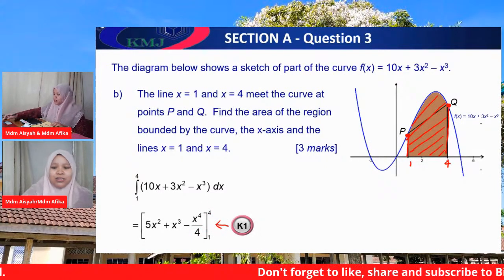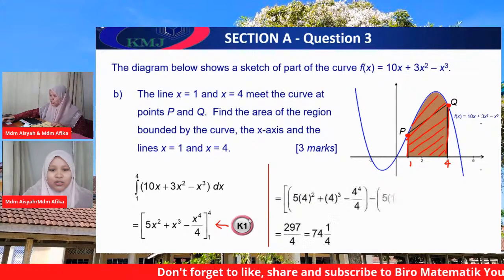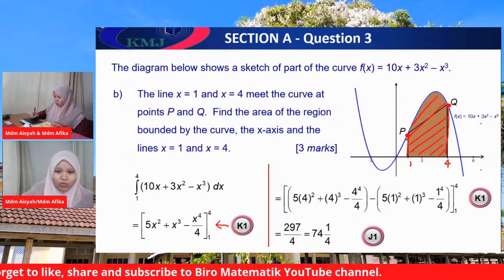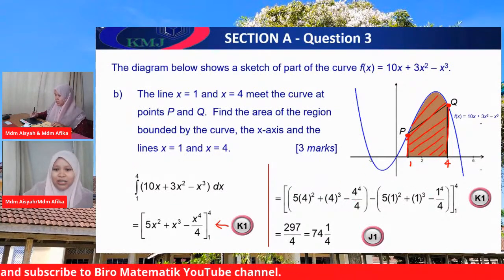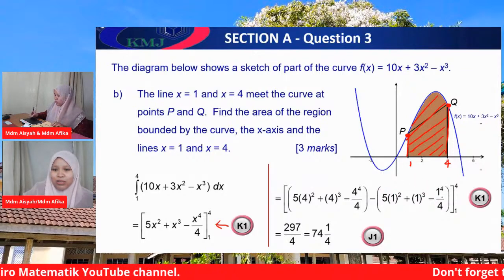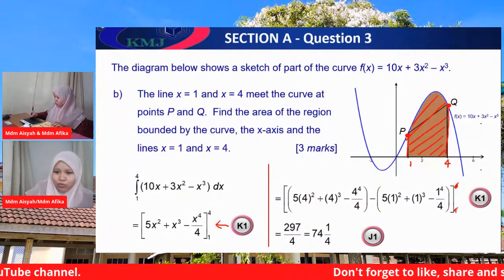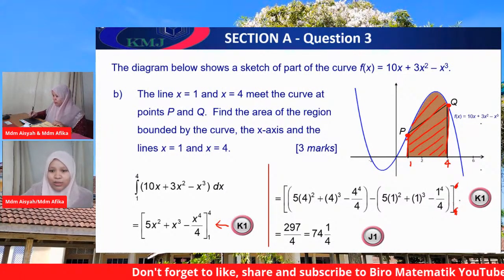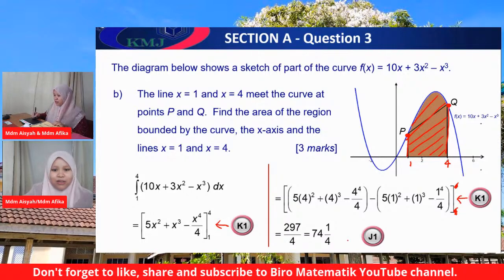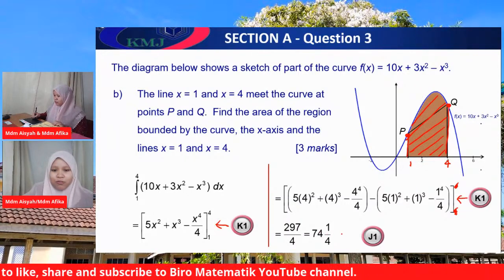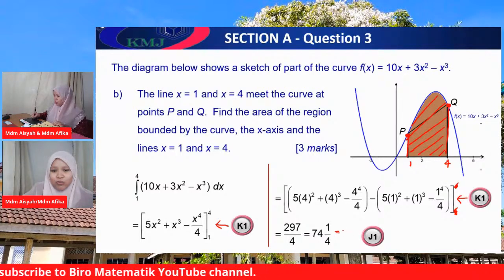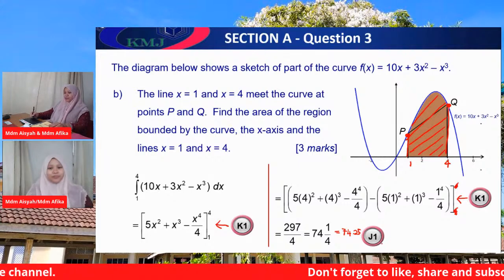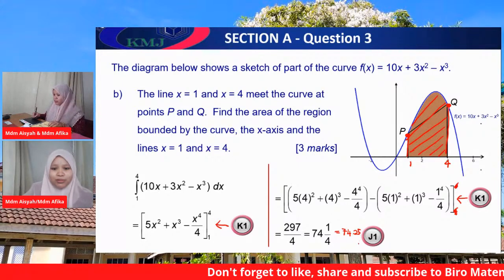Make sure you substitute the upper limit first and then subtract when you substitute with the lower limit. No more limit at the end of it. So K1 for substituting the limit, and then the final answer, you get 74 1/4, or you can write 74.25, J1. Either one.